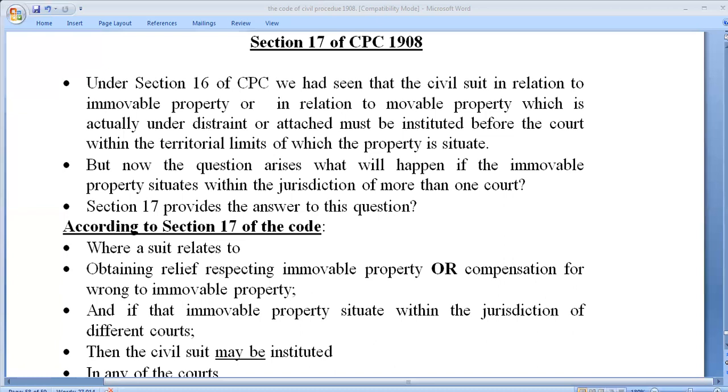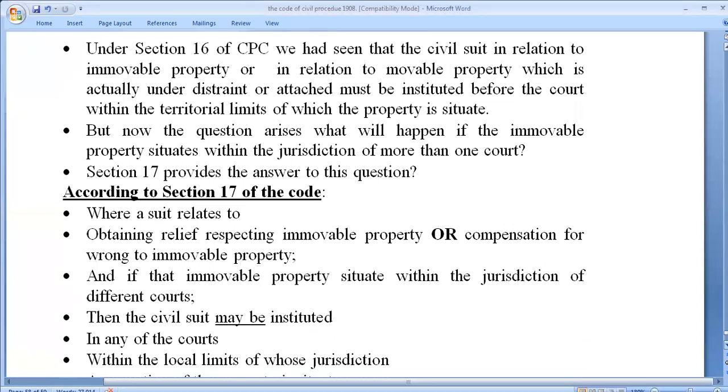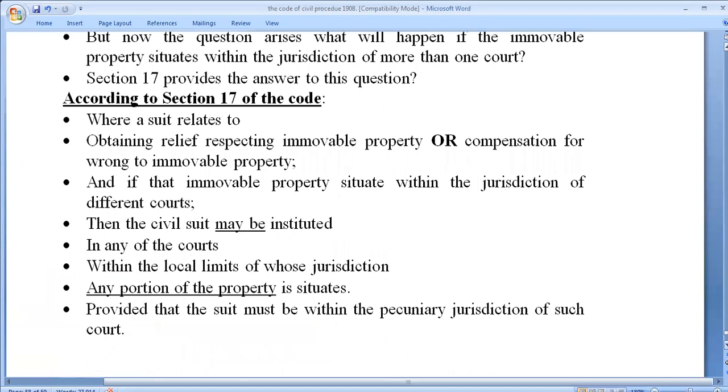Then the civil suit in relation to that immovable property may be instituted in any of the courts within the local limit of whose jurisdiction any part or any portion of that immovable property situates. But before filing that civil suit before any court, the suit must be within the pecuniary jurisdiction of such court before which the civil suit is going to be instituted.